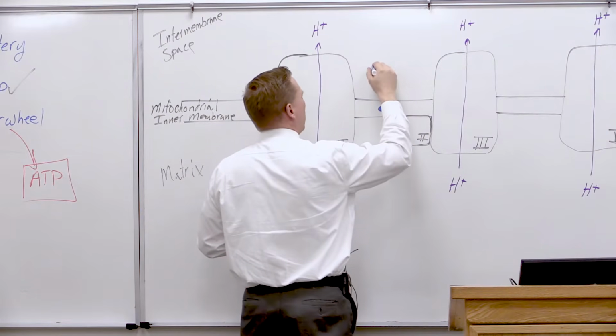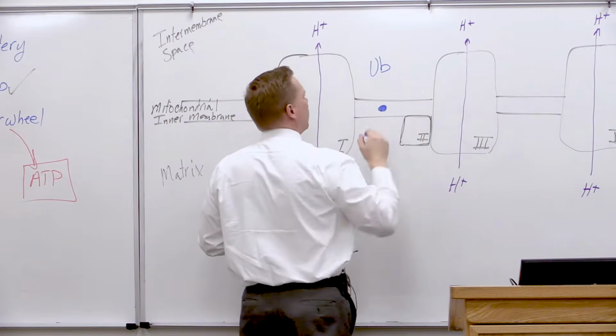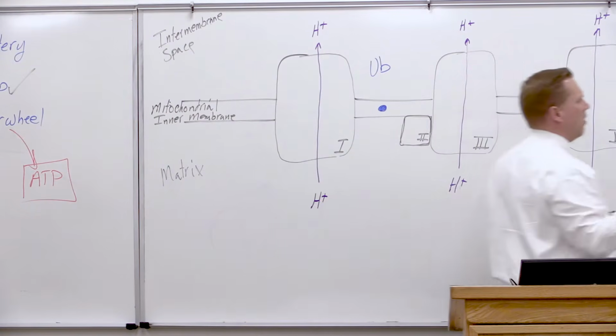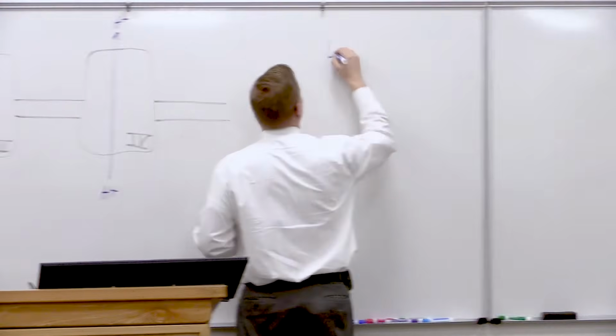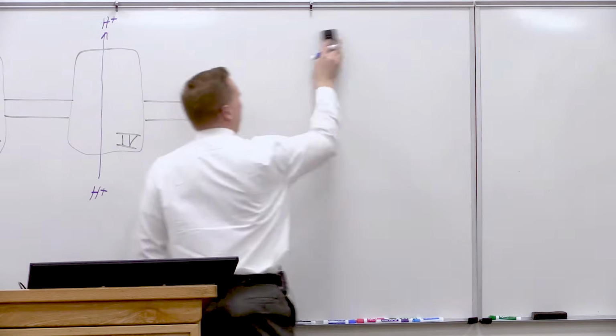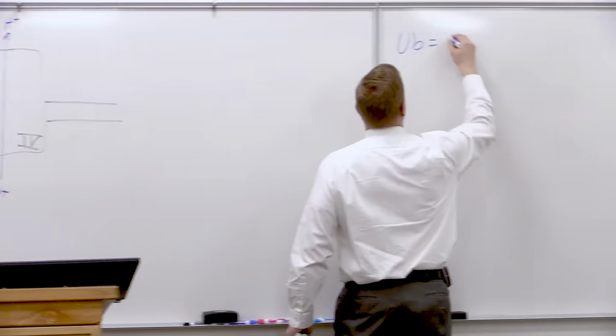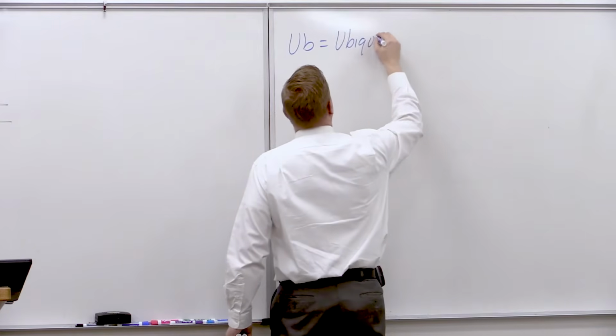You have this shuttle, it's called ubiquinone. So usually we just write it as a UB in a diagram like that. And we'll write over here, UB equals ubiquinone.